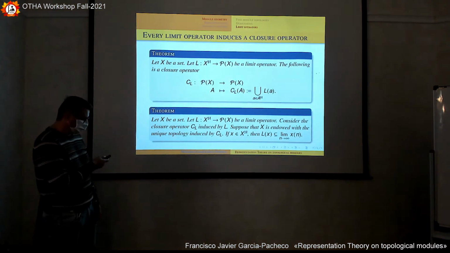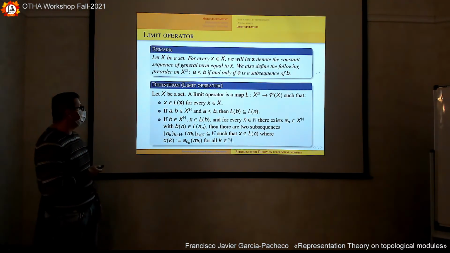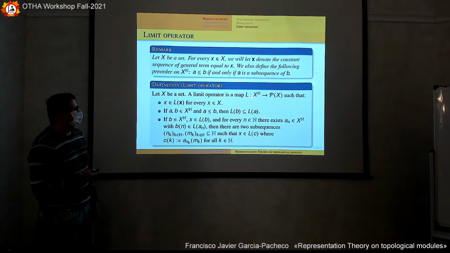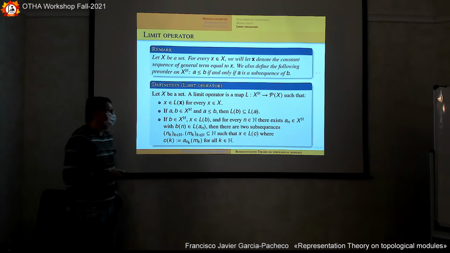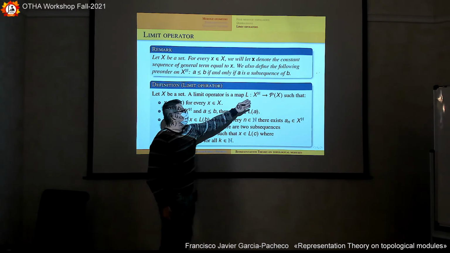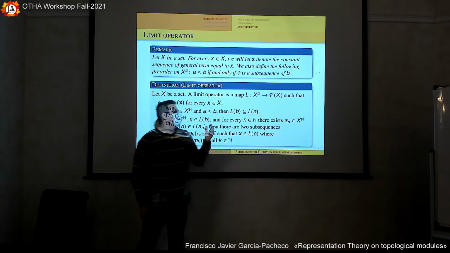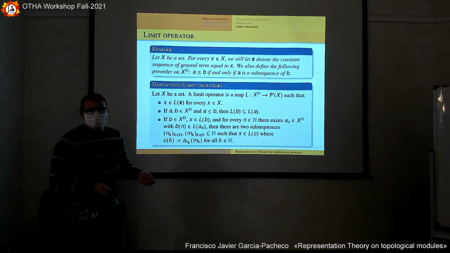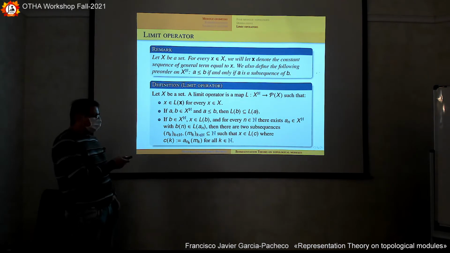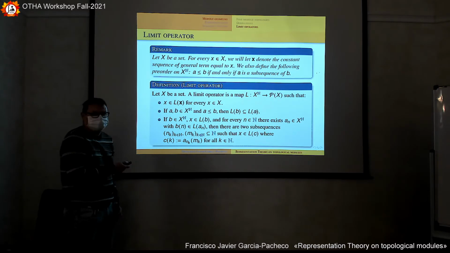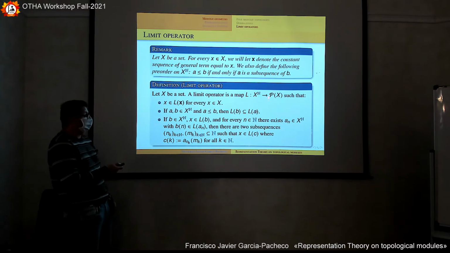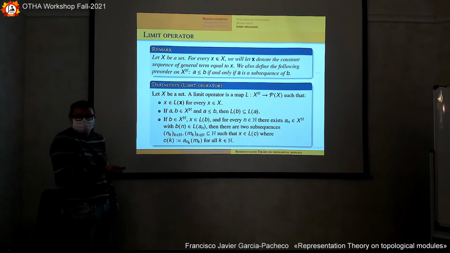In a limit operator, not all sequences must have a limit, so you're going to have here the empty set. Actually, if you take any topological space, you can define a limit operator by considering the limit set of any sequence, and that operator verifies all these conditions. Trivial.